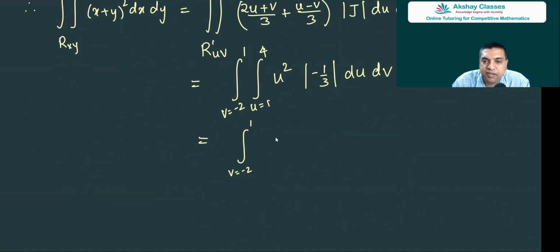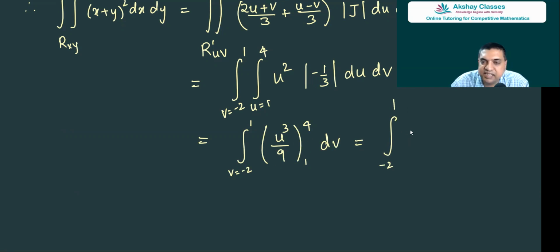Now this is u cube by 3 into 1 by 3, 1 by 9, from 1 to 4, dv. This gives integral -2 to 1, 4 cube is 64, minus 1 cube is 63 upon 9. 9 sevens, 63.